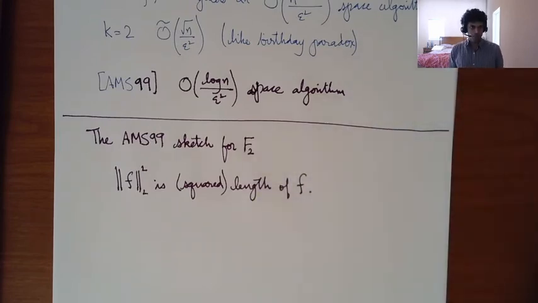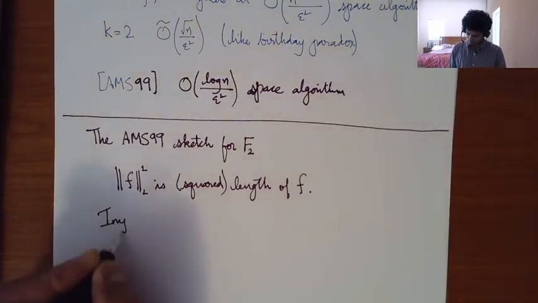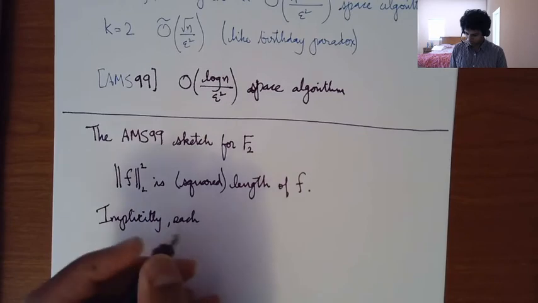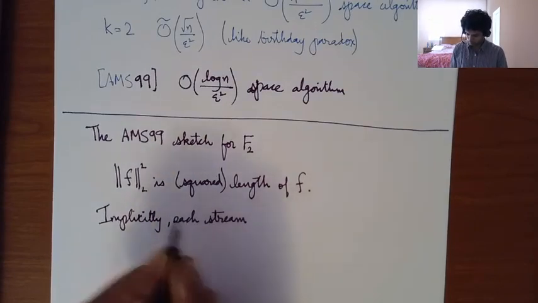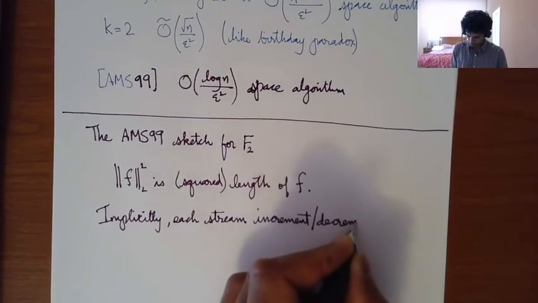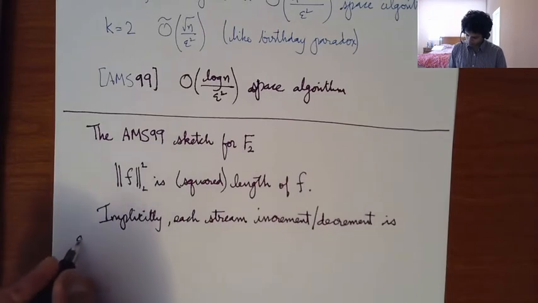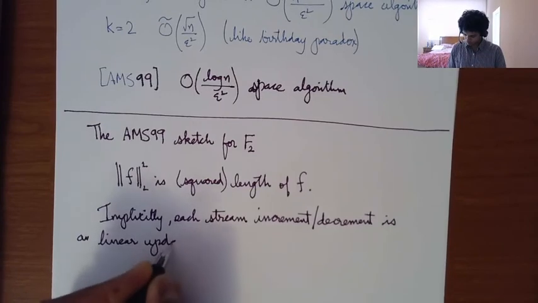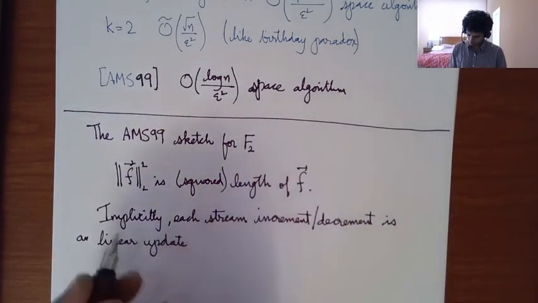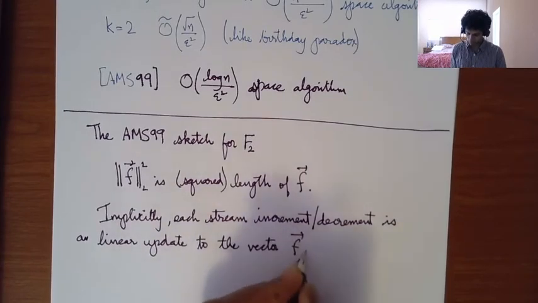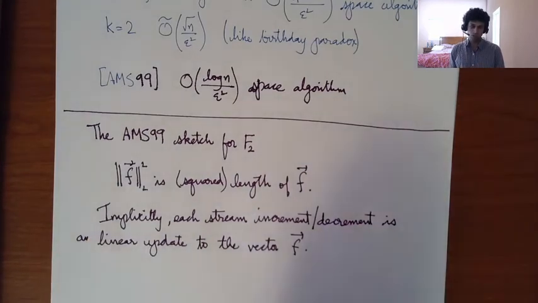This vector you see through a streaming mechanism. So implicitly, each stream increment or decrement is a linear update to the vector F. And what you want is the squared length.